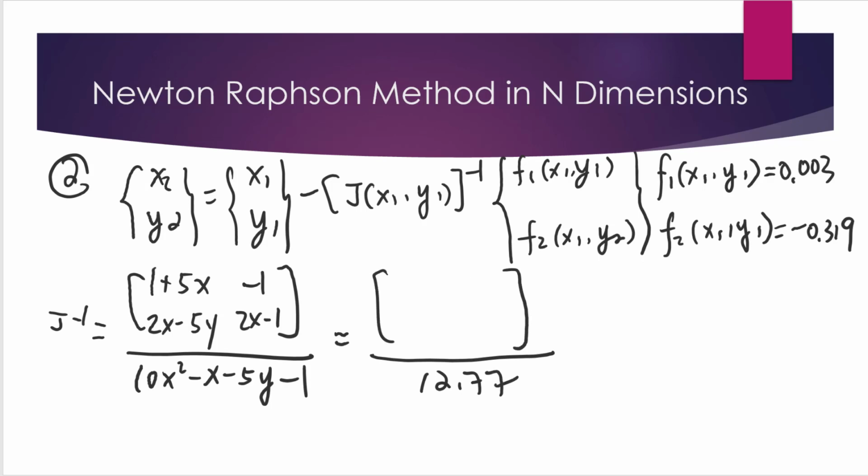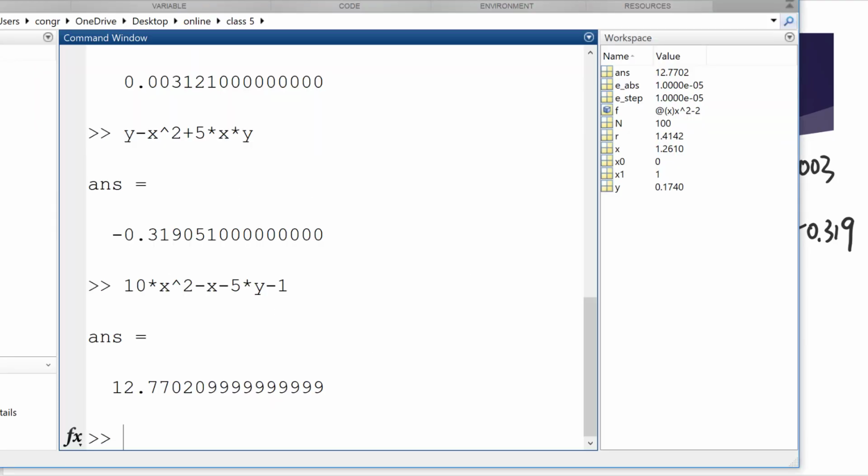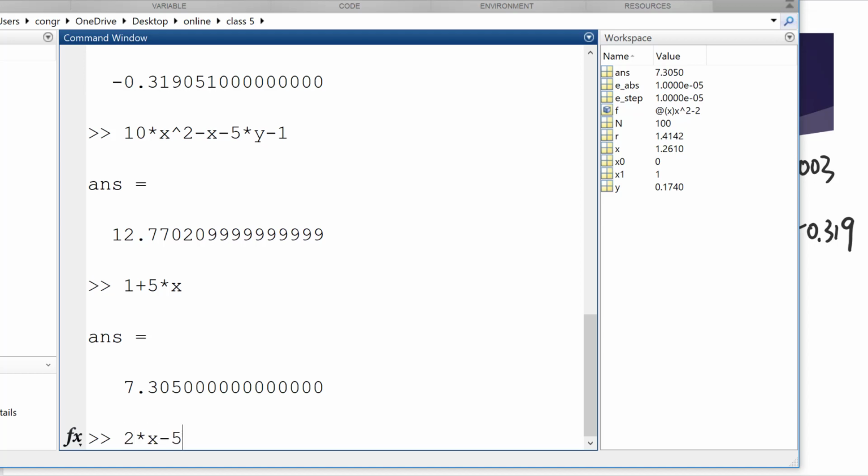So let's see the matrix. It's 1 plus 5 times x, negative 1, 2 times x minus 5 times y, also 2 times x minus 1, right?